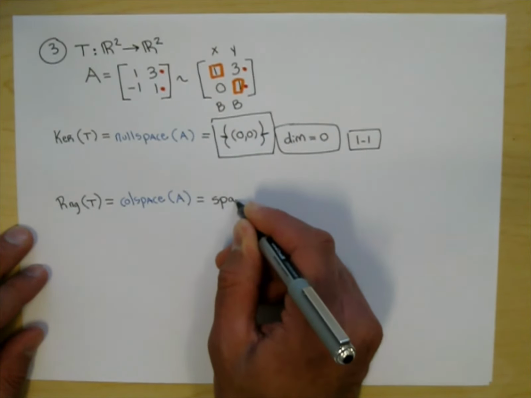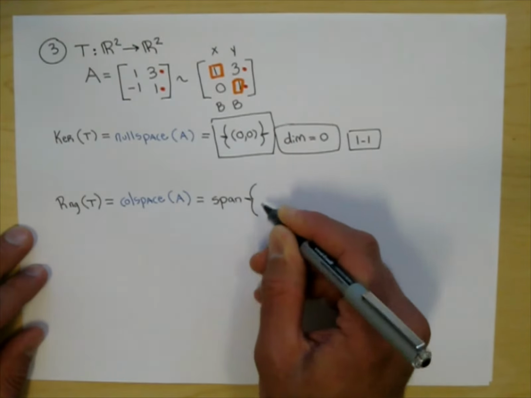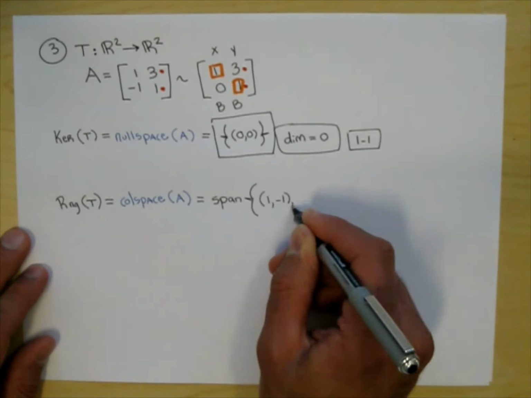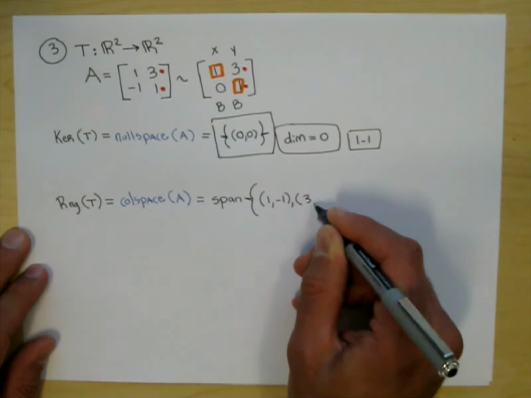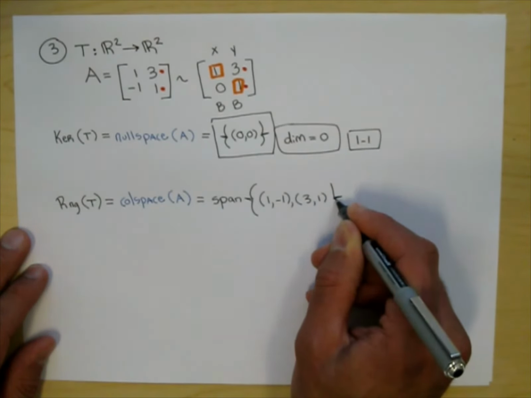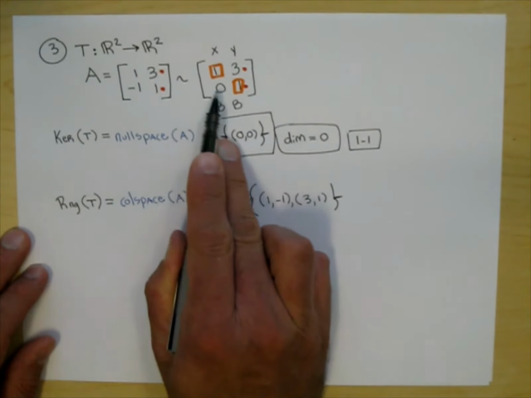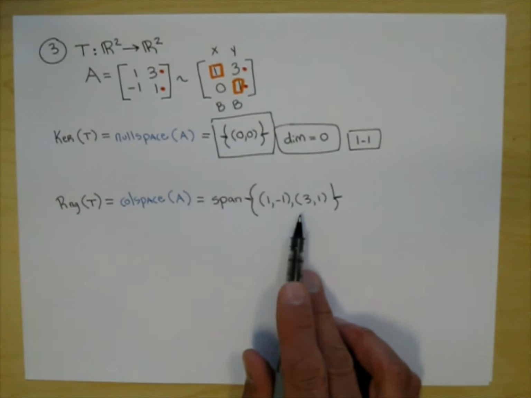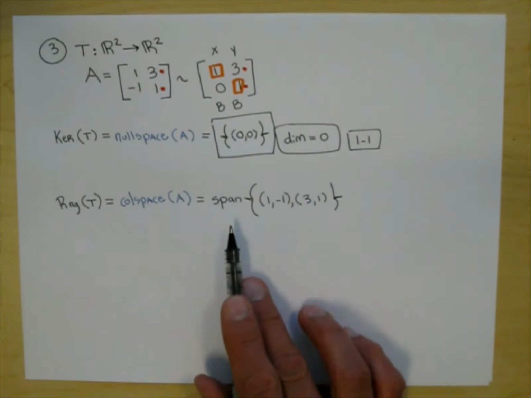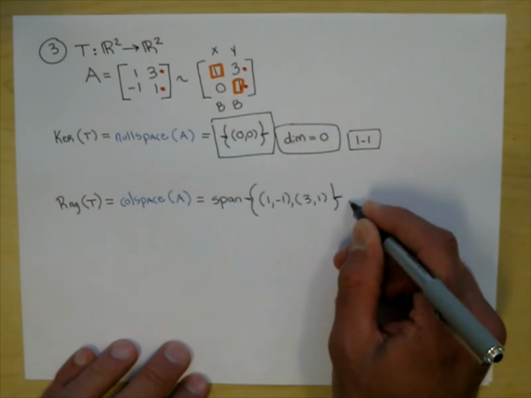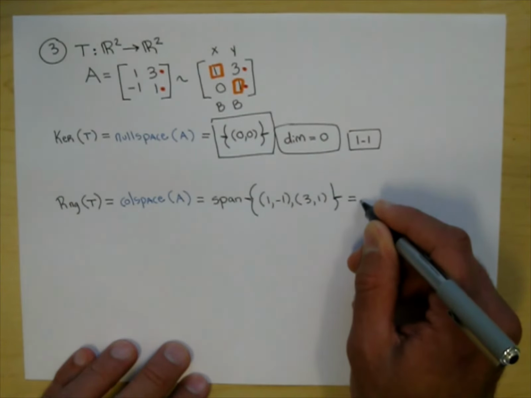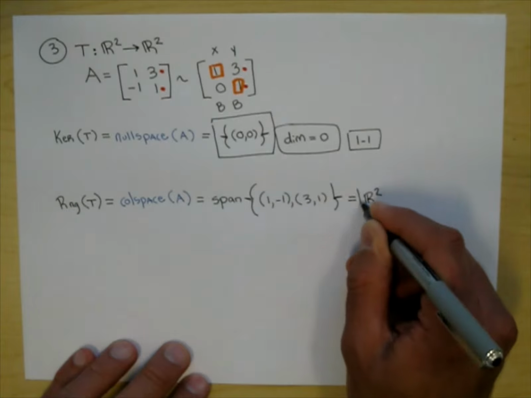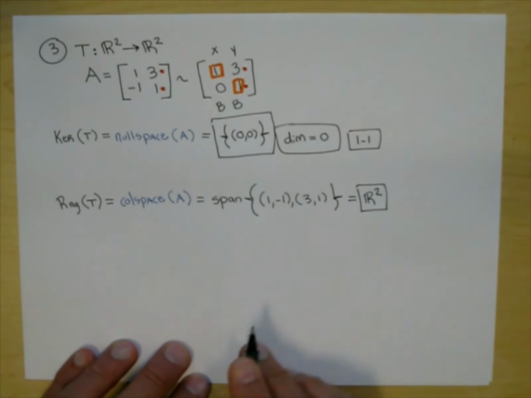This is the span of (1, negative 1), (3, 1), because those columns corresponded to the leading ones. But you're spanning two things. This is a basis in R2, and there's two of them. So what we have is a basis for R2. This actually equals R2. So there's the range. The range is R2.